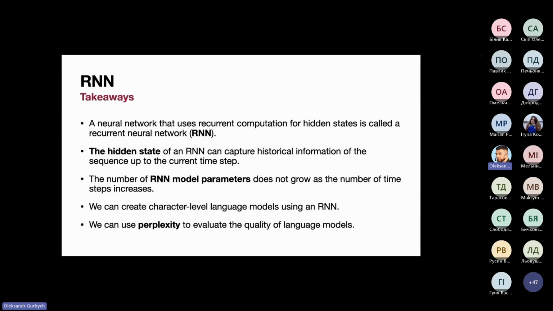You only update the weights taking into account previous steps. And in this exercise, we used a character level language model using an RNN. Yeah, it works so-so. Then we can use perplexity to evaluate the quality of language models.